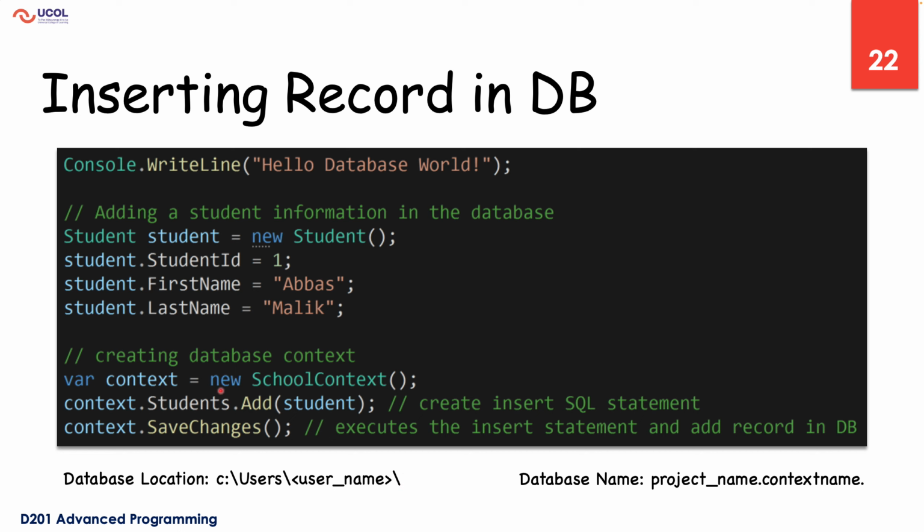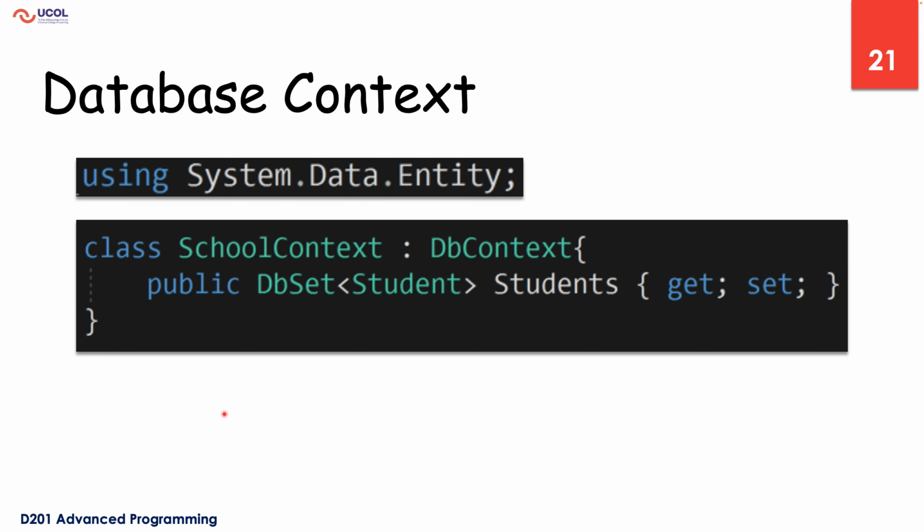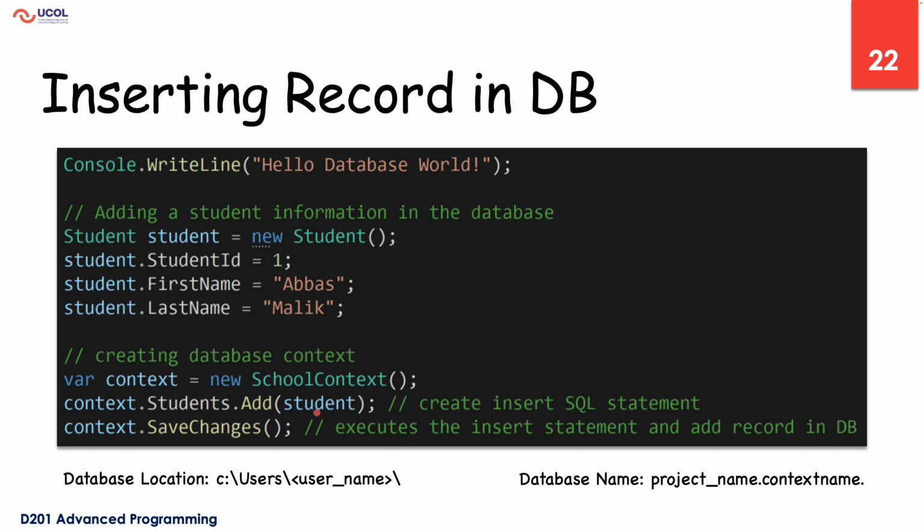So what's happening here, what we are saying is that in the context, that is the variable that we have defined of the SchoolContext, and then we say Students, because that is the one we have defined here. In the Students, I want to add student, the new object that we have created, it is added. So it means it will actually create an insert SQL statement, and that is saved within the context.